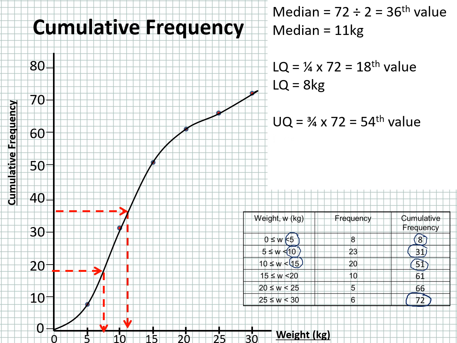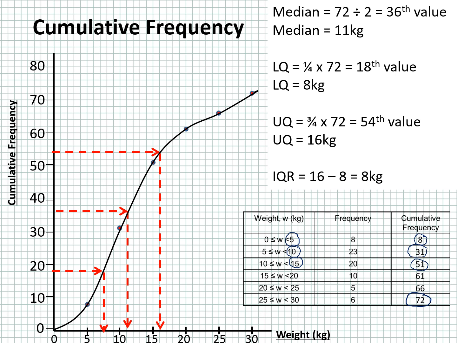And then the final one we do is the upper quartile, which is 3/4 of the way up. So 3/4 of the way up is the 54th value. We again draw our line across and we drop our line down, and that gives us the upper quartile of 16 kilograms.